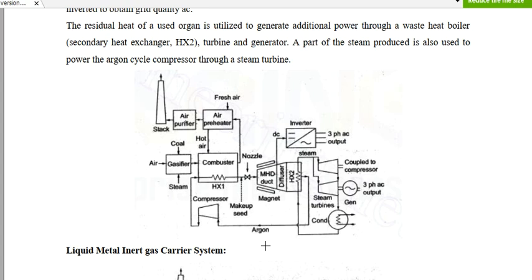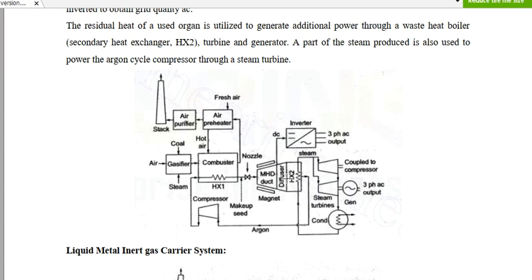Its seeding is done by cesium metal, and this final working fluid is then sent to our MHD power generator. Here DC power is generated in the closed cycle and converted to AC power by an inverter.